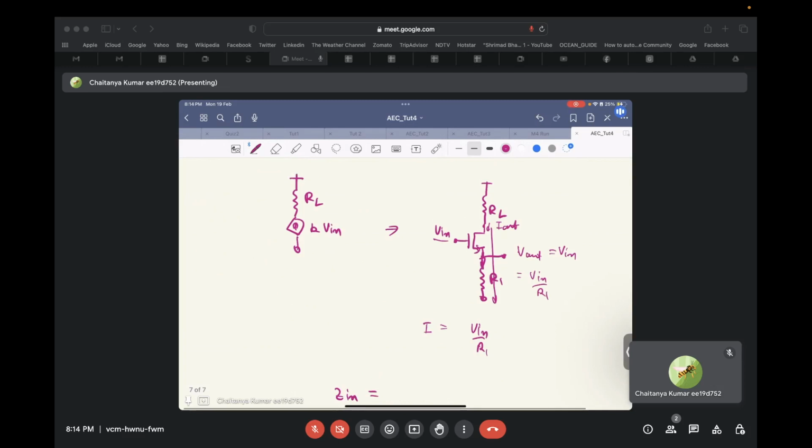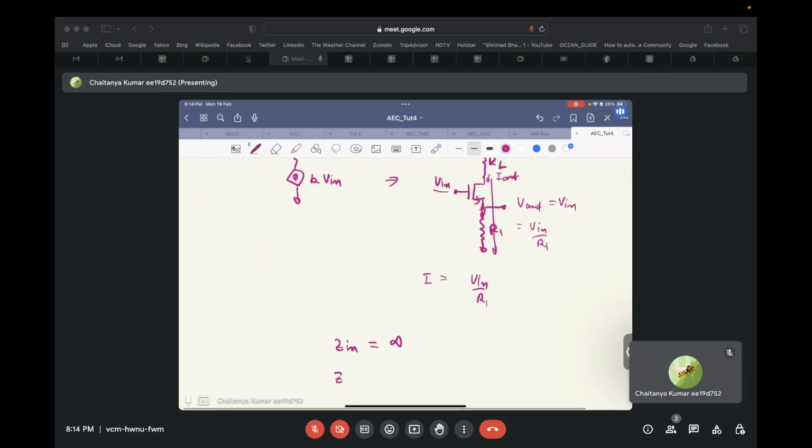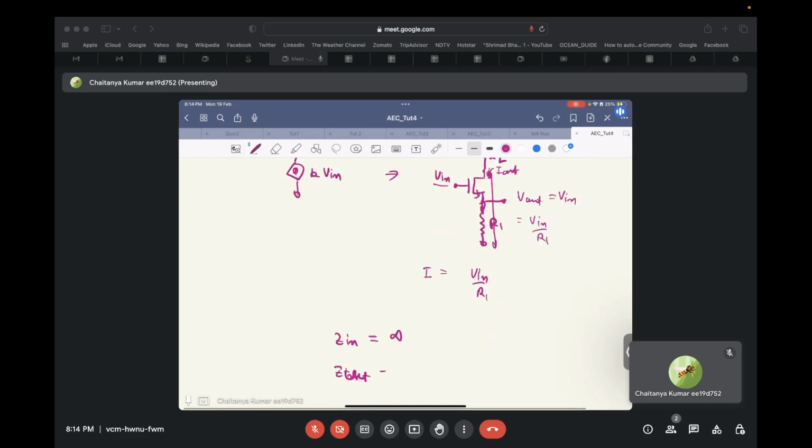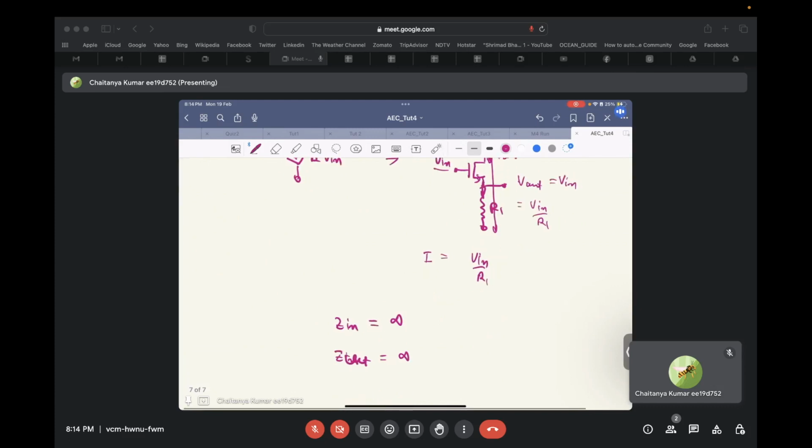Then again input impedance: since the input is applied to the gate of the circuit, input impedance is infinite. The output is taken from the drain of the circuit, so as long as there is no channel length modulation, our output impedance is also infinite. So this clears the criteria of the circuit being a voltage controlled current source.